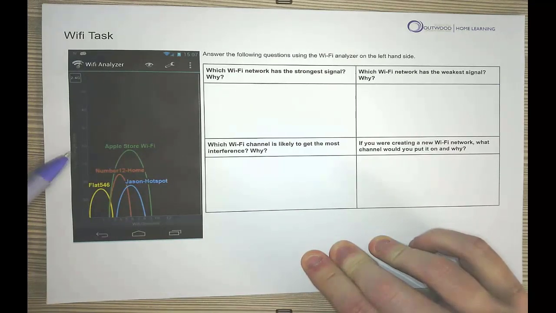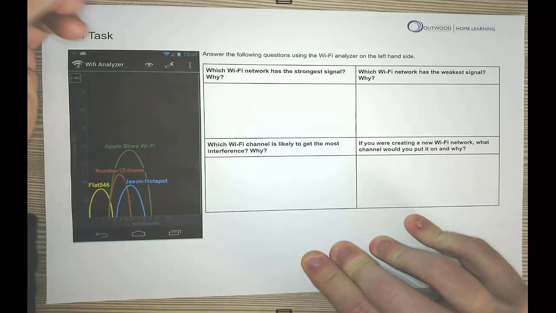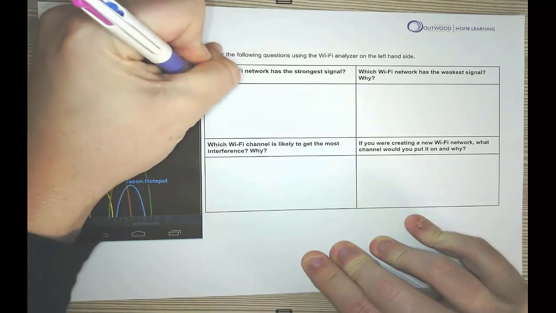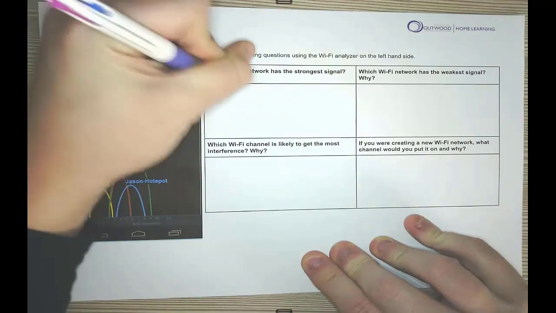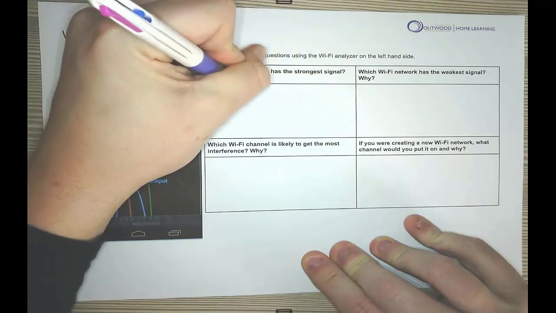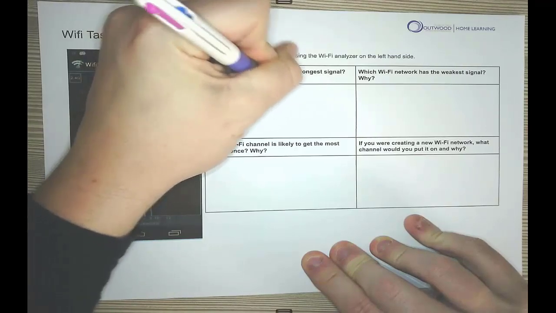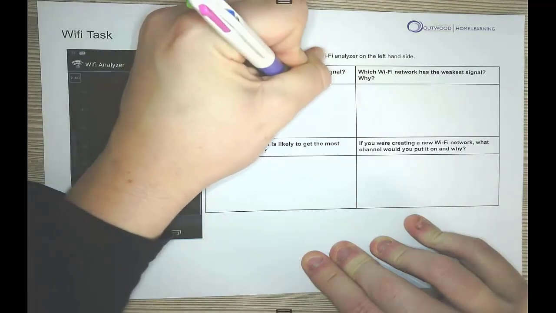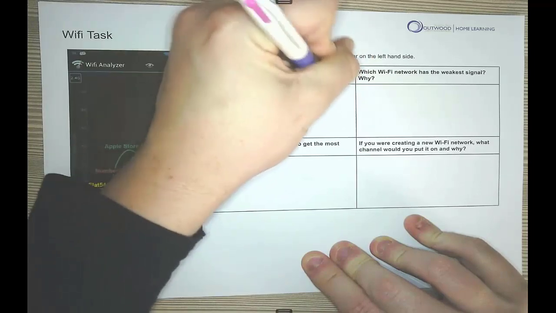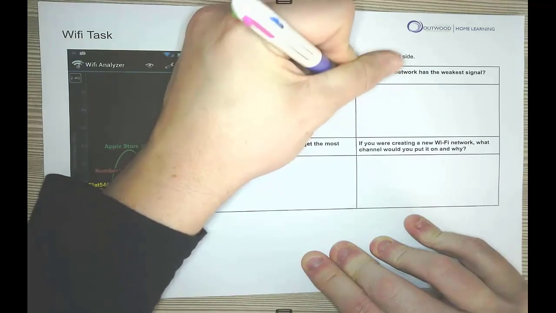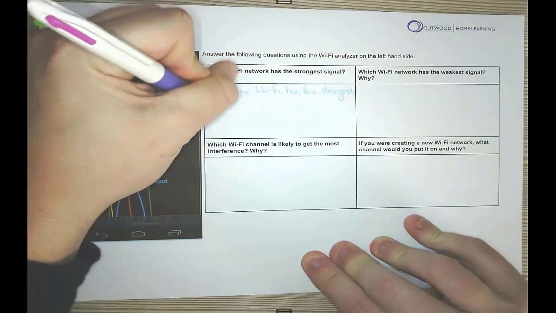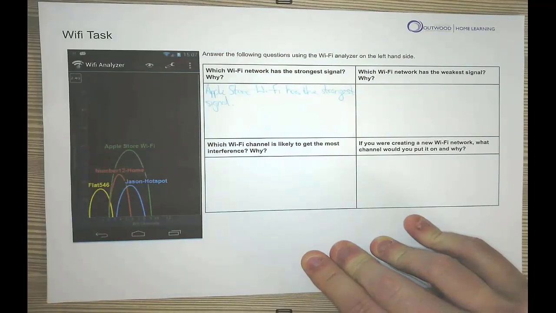Okay, so the strongest signal is the one with the biggest curve because it's got the least interference, or it's got the biggest signal strength. So based on this, Apple Store Wi-Fi has the strongest signal. Now, the question is why?